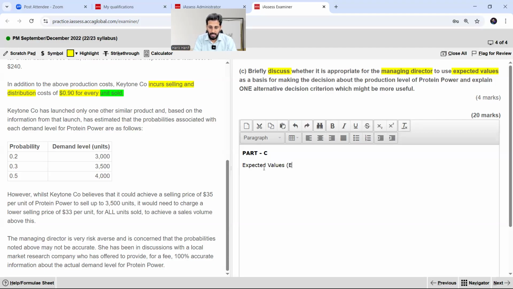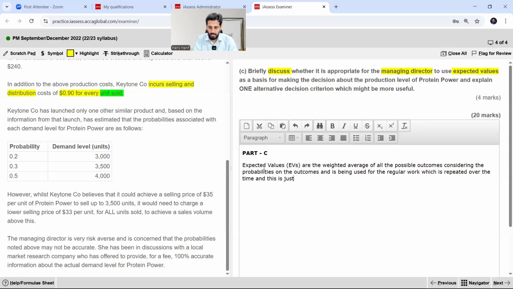Expected values, EVs, are the weighted average of all the possible outcomes considering the probabilities on the outcomes, and are used for regular work which is repeated over time.